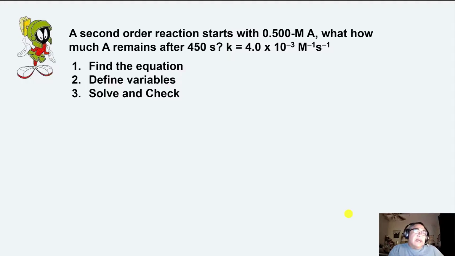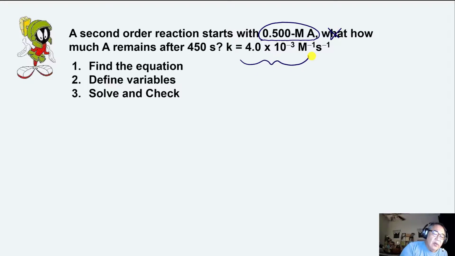So let's just do an example. I talked about it in zero and first order; let's do one for second order. The process is in essence the same. It says a second order reaction starts with half molar A. How much A remains after 450 seconds, and this is the rate constant.